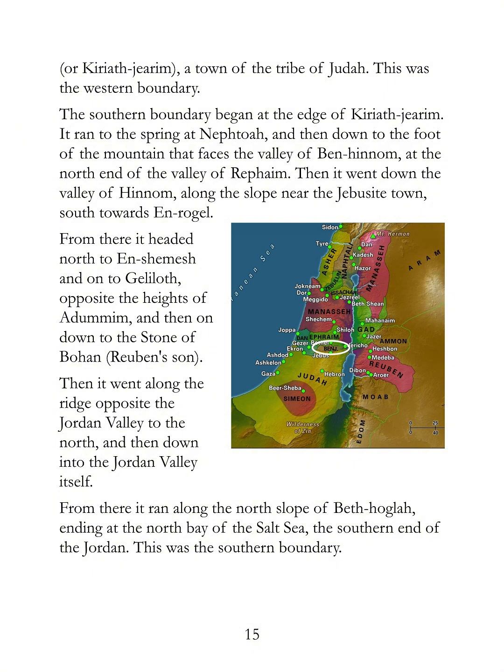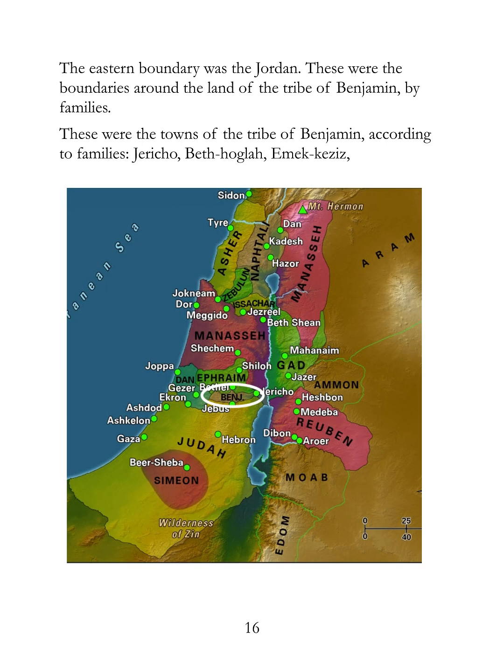Then it went along the ridge opposite the Jordan Valley to the north, and then down into the Jordan Valley itself. From there it ran along the north slope of Beth Hoglah, ending at the north bay of the Salt Sea, the southern end of the Jordan. This was the southern boundary. The eastern boundary was the Jordan. These were the boundaries around the land of the tribe of Benjamin, by families.